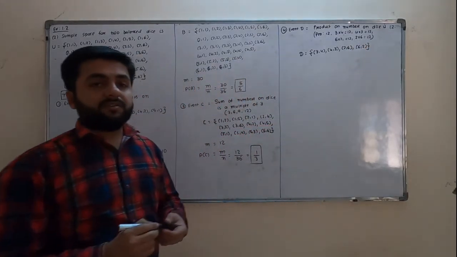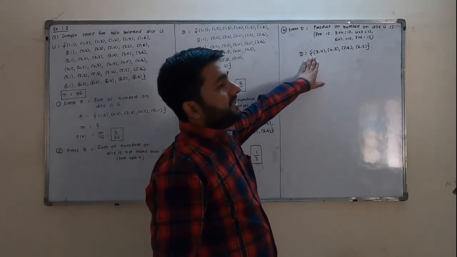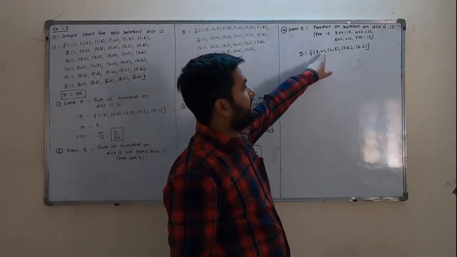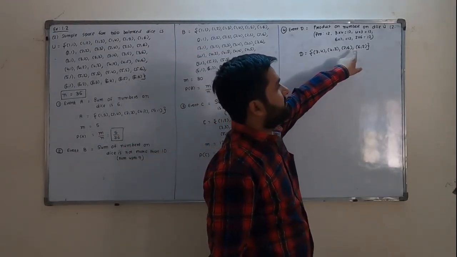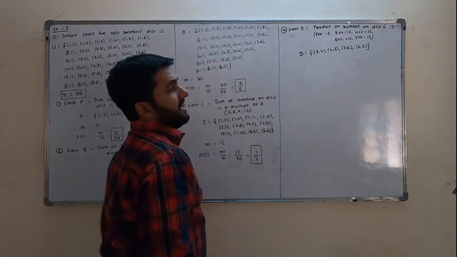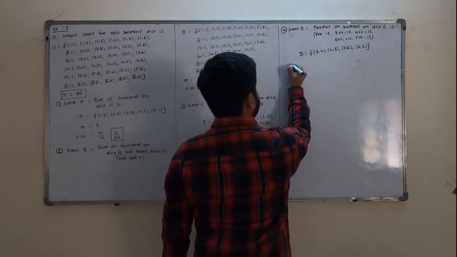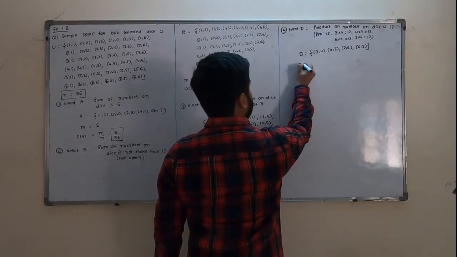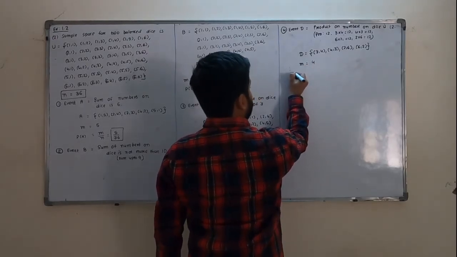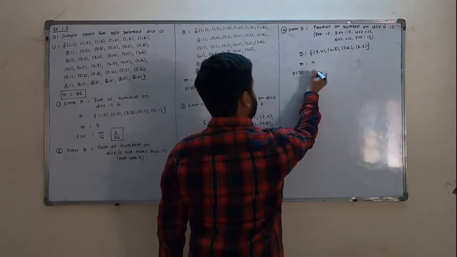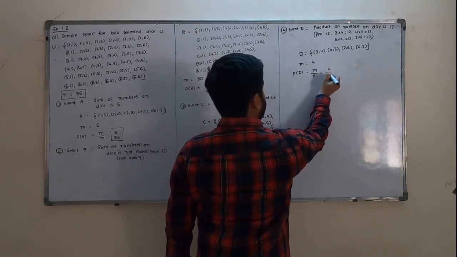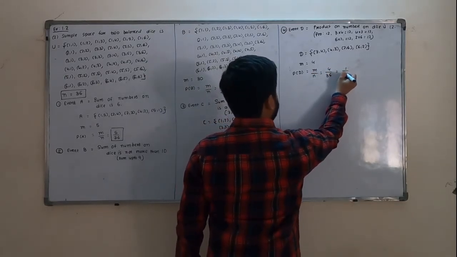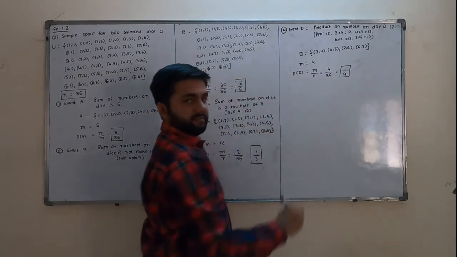Okay, because by doing their products, 3 into 4 is 12, 4 into 3 is 12. So we have to write the factors of 12 in short. Okay. So now m is equal to 4, P of D, m by n, 4 by 36, 1 by 9.